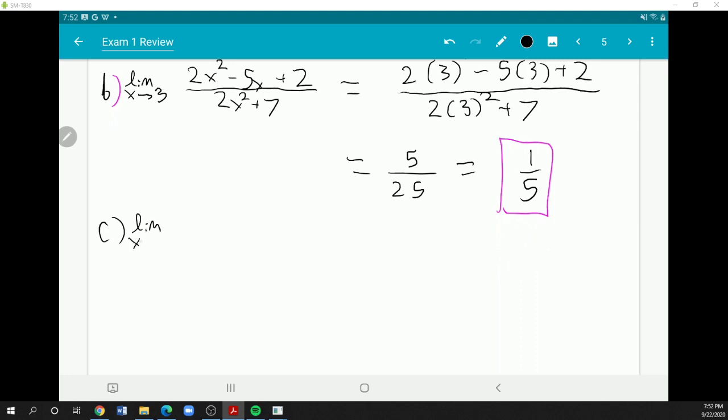Limit x goes to pi over 4 of, pi over 2 of sine x cosine x. Okay. So again, let's try plugging in, see what happens.